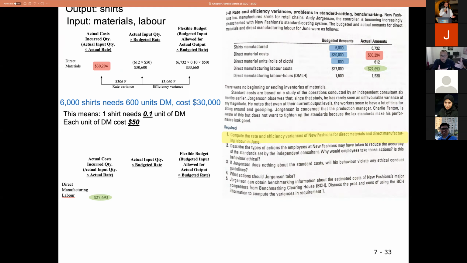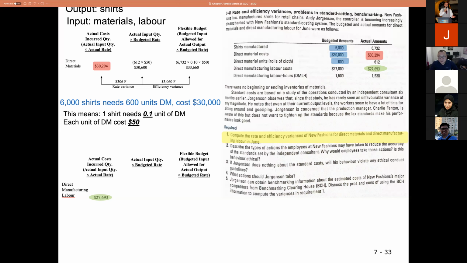That means the labor cost per hour. So do we have that information? Yes, we can get it just like the last time. That would be 27,000 divided by 1,500. We get our rate, that is 18.